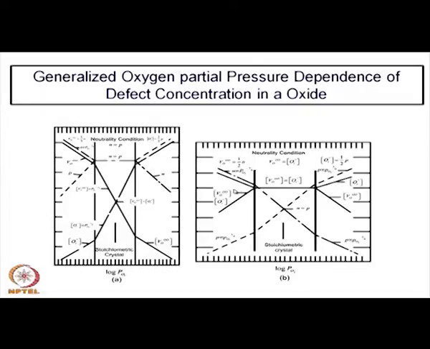On the left there is a similar boundary condition. Once again, from a PO2 independent region it changes to a PO2 dependent region, but in this case it is oxygen vacancy. Okay. The oxygen vacancy is the predominant defect on the left side, that is lower PO2, whereas on the right side oxygen interstitial is the predominating defect.